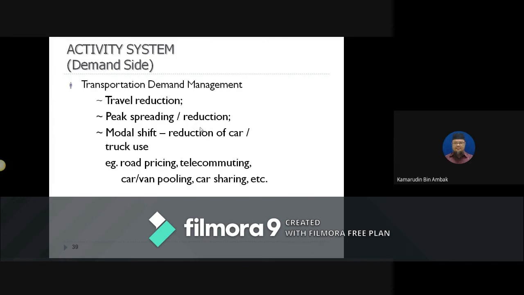That's why we can introduce policy from the side of the policymaker or the agency authority, for example road pricing, telecommuting, carpooling or car sharing, etc.